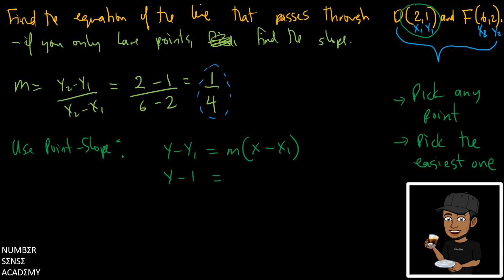M, from our calculation, is 1 over 4. X minus 2. Okay, so I have y minus 1 equals 1 over 4x. 1 over 4 times x is 1 over 4x. And then 1 over 4 times minus 2 is going to be minus 2 over 4, which is minus 1/2.